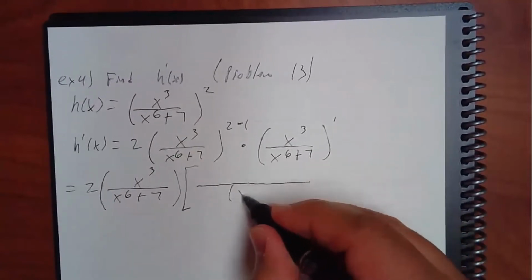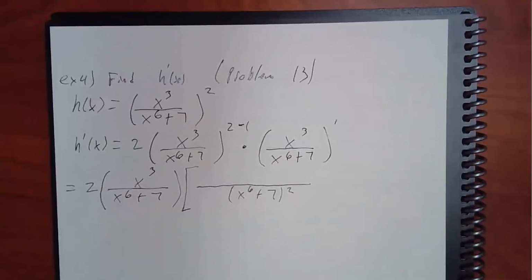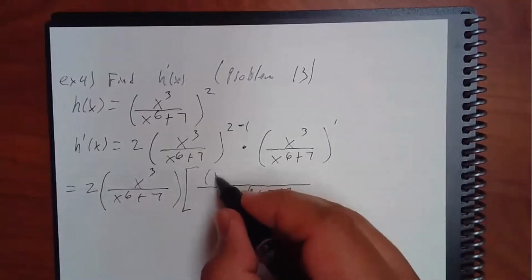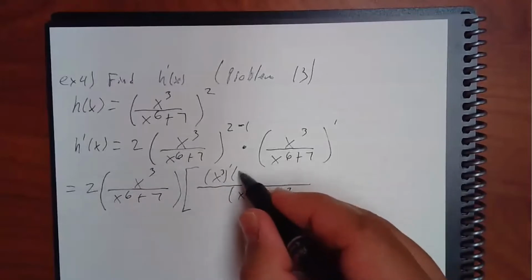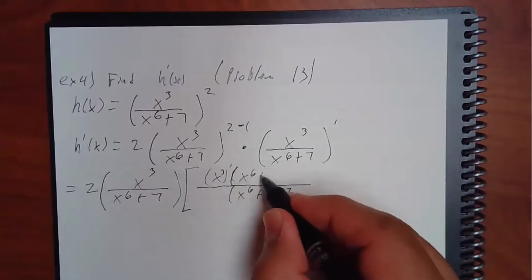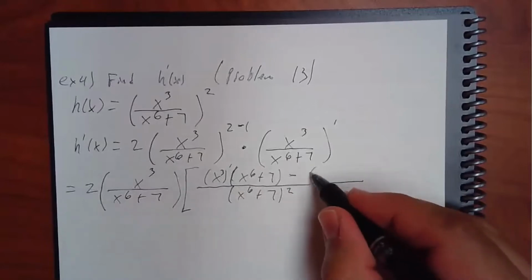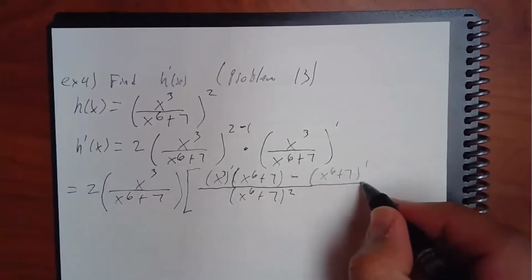Quotient rule says you square the bottom, right there, and you do the derivative of the top times the bottom, minus the derivative of the bottom times the top.